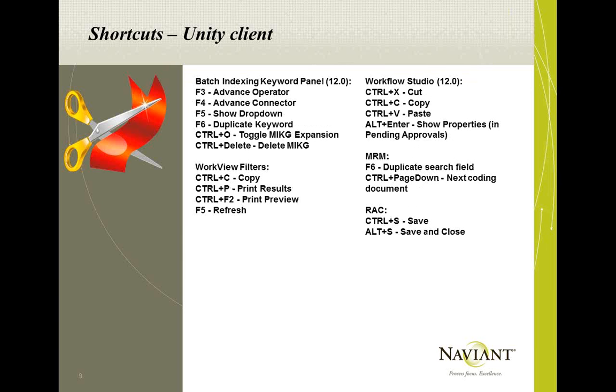Here is the rest of that list of all the different things and different keys that you can use within Unity. Now you will see Alt-S, save and close. Alt-S can be used in a lot of different places.